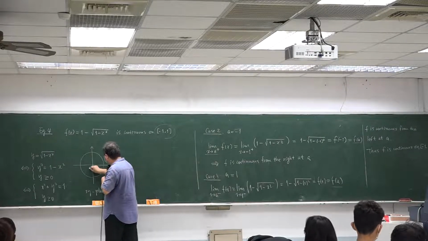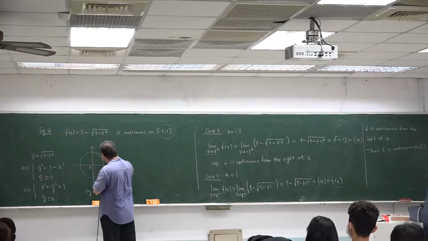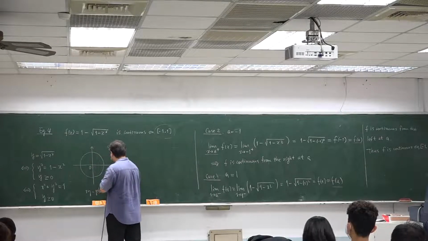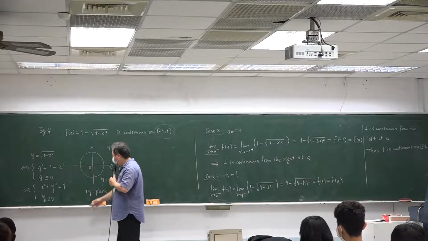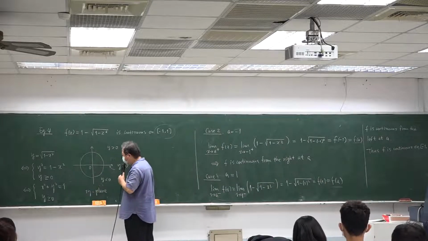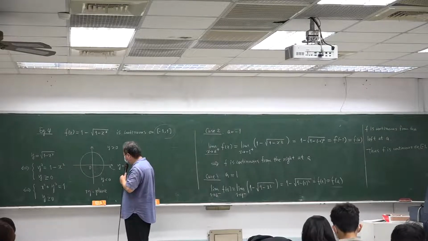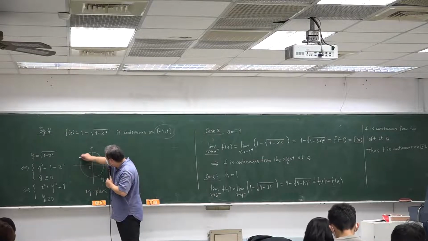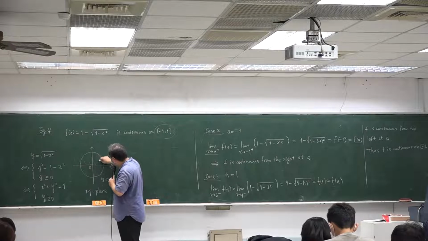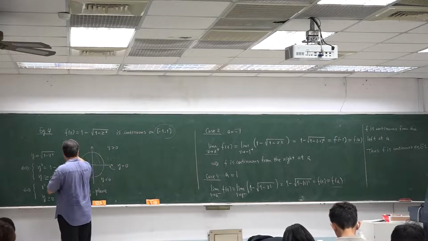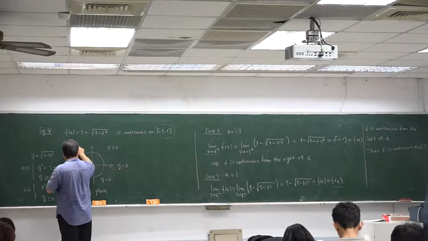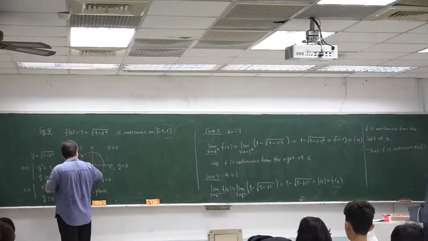This is y equals 0. This is y greater than 0. This part is y less than 0. So y greater than or equal to 0 stands for the upper half plane. And this one is the equation of the unit circle.